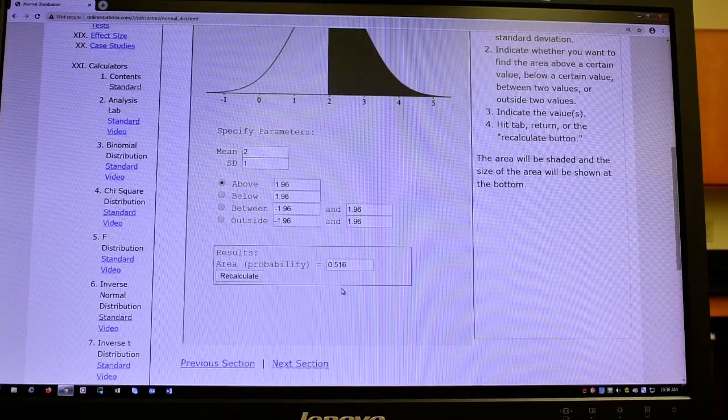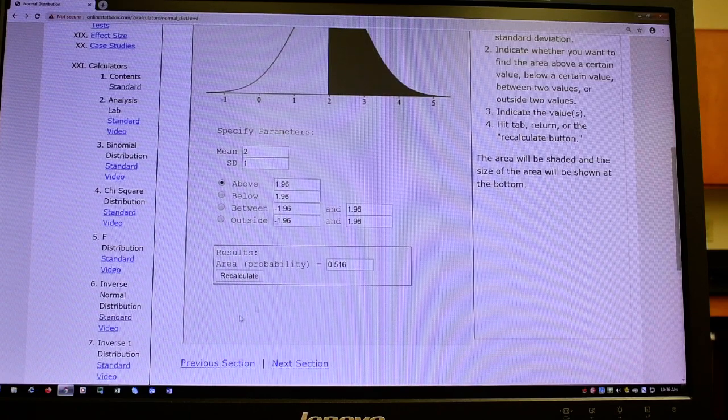Okay, so now we've increased the power considerably. See, by increasing the sample size, we've increased the power. We now have about a 52% chance of getting a successful experiment that will allow us to reject the null hypothesis.